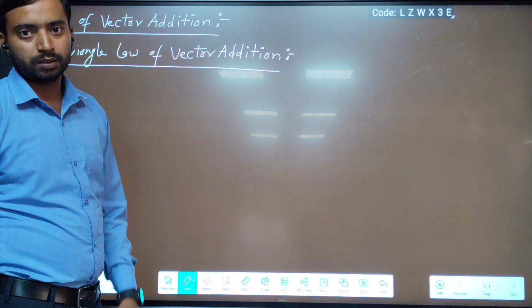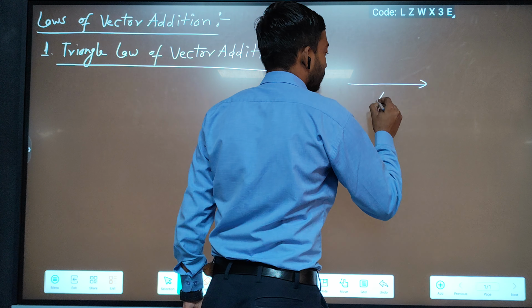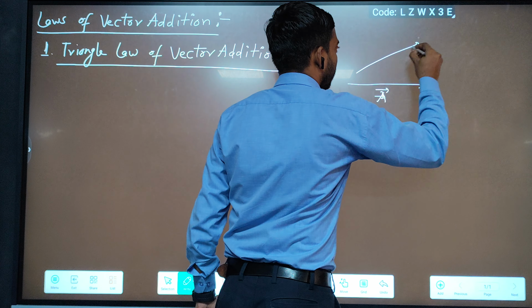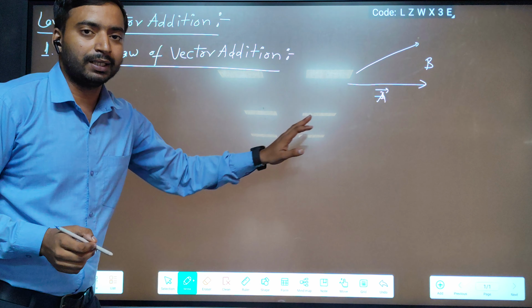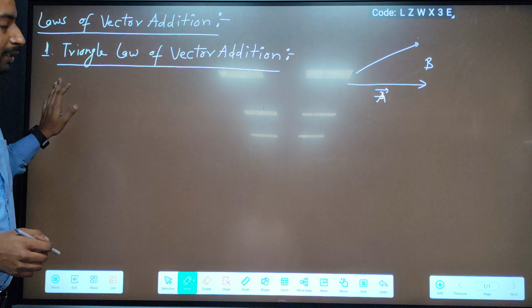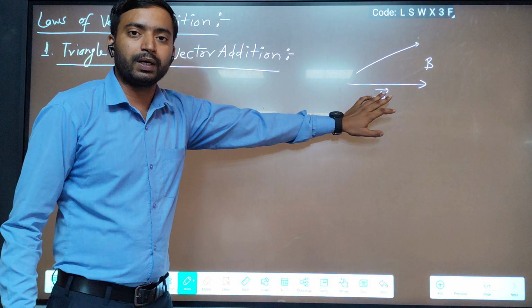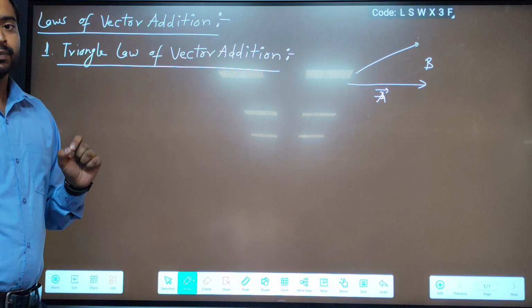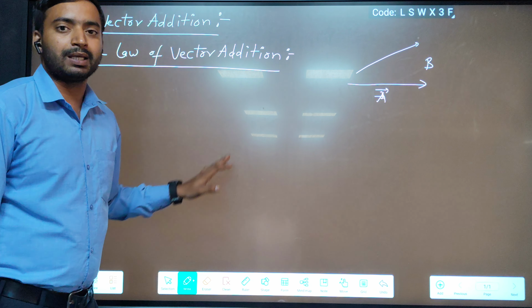two given vectors. So students, suppose you have been given two vectors, vector A and vector B, and in order to find the resultant of these two vectors according to the triangle law of vector addition, we resolve the given two vectors in such a way that they become two sides of the triangle in the same order.